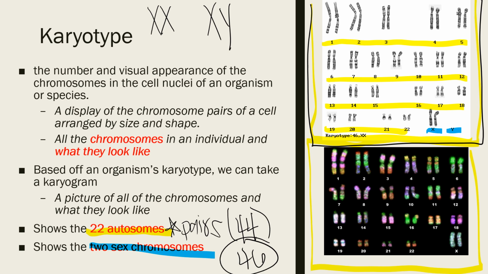Now, based on this karyotype, I will look at my X and Y chromosomes that I have here, and I notice that I have two X chromosomes. Based on that information, I know that I am looking at a karyotype of a female human.